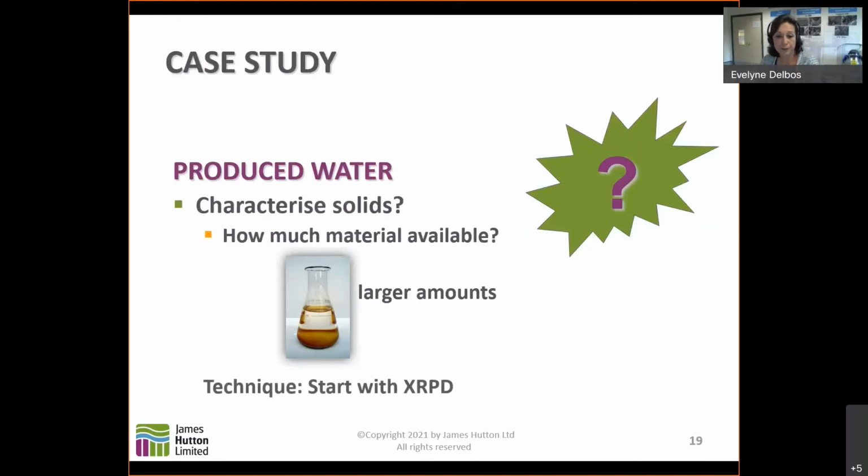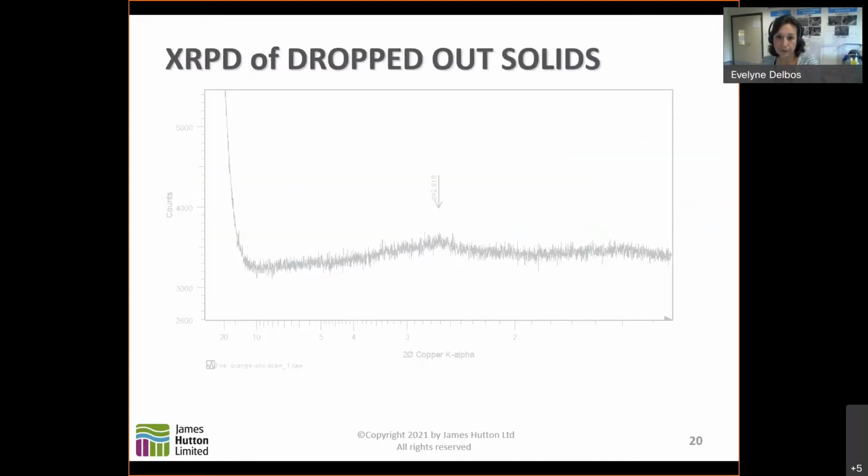We've got larger amounts, therefore our first protocol tends to be with XRPD because they do need, most of the time, a little bit more material. So we thought that maybe that would be the best first technique to use. Steve, that's back to you.